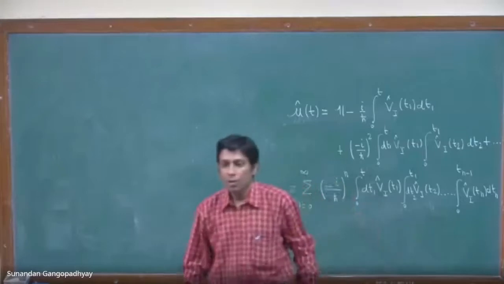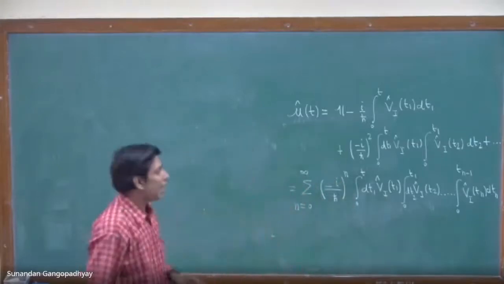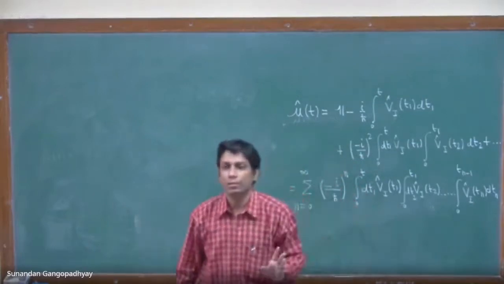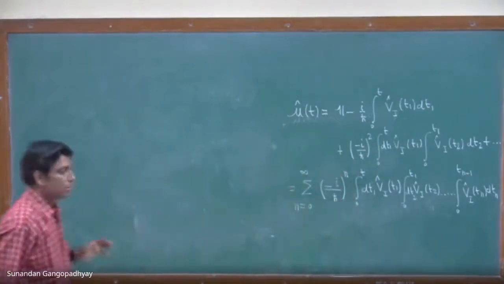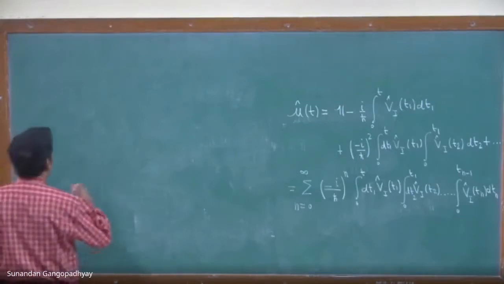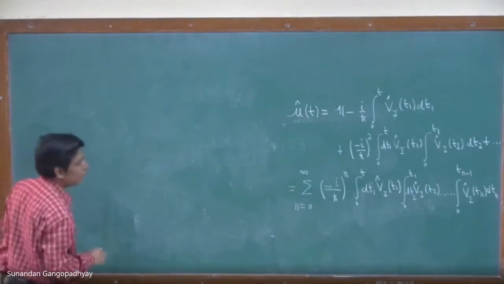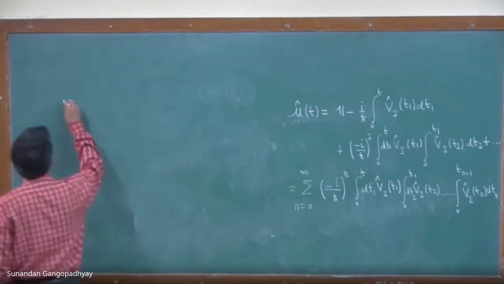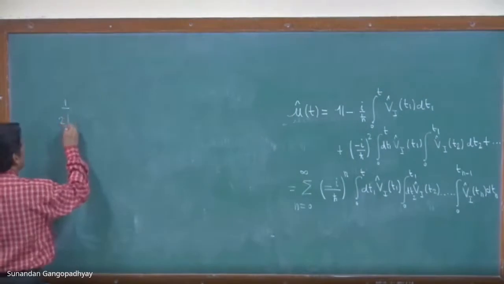What we would like is to convert all the integrals to run from 0 to t. That is what we would like to get. So let us look at the second order term. What will be the second order term? Okay, let us do it in a different way. Let us construct a quantity like this.